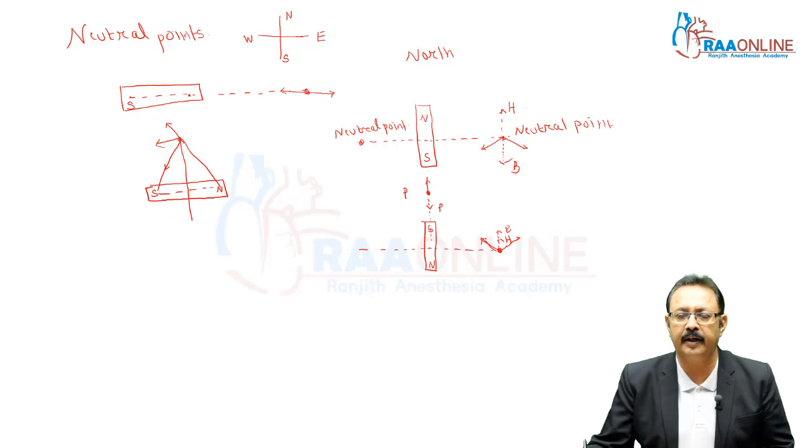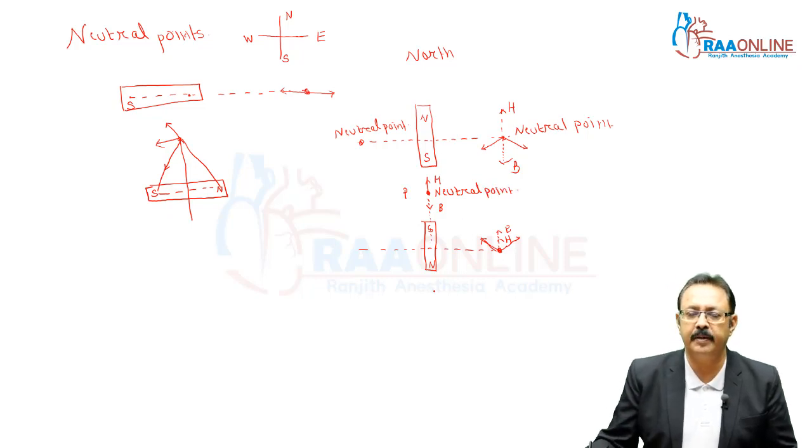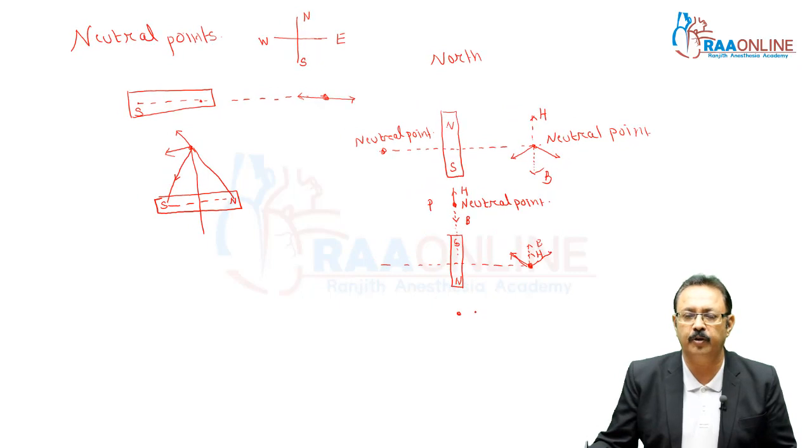So the resultant magnetic field due to the bar magnet is downward, and Earth's horizontal component is in the north direction, so they can cancel each other. I will get one neutral point here, and with the same concept, one neutral point on this side. Again, I will get two neutral points.